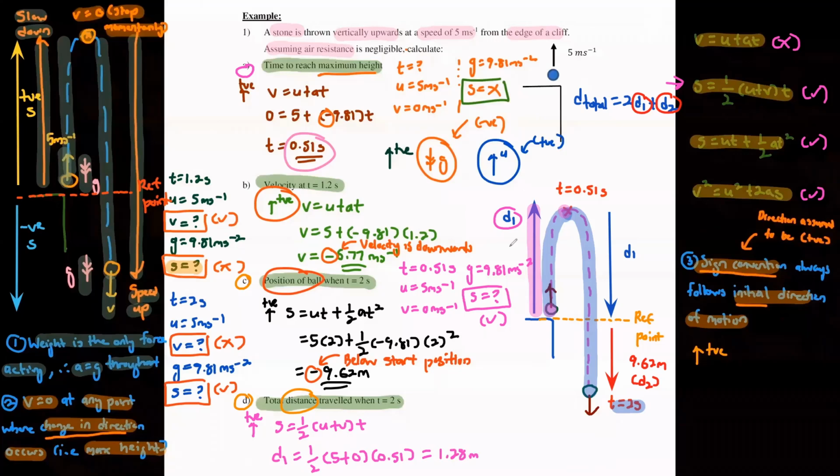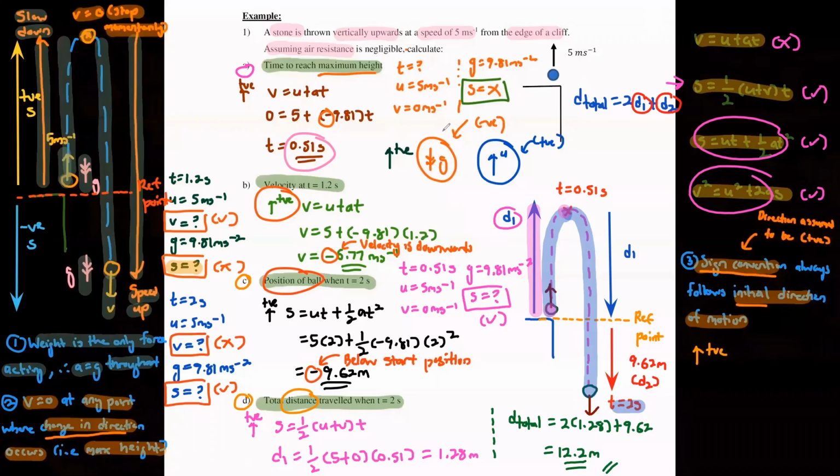Now, if we were to repeat this calculation with the third and fourth equation, we will be getting back exactly the same answer. Now, for our total distance, we know that it is 2 times D1, so it's 2 times 1.28 plus 9.62, we're going to get the final answer as 12.2 meter. This is our total distance moved.